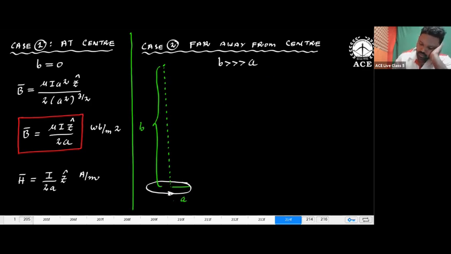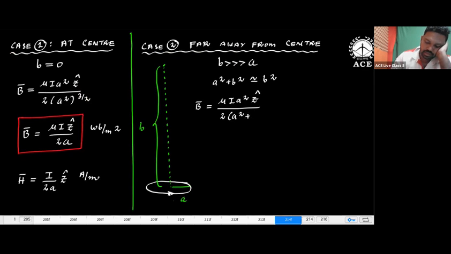So what happens to this one? What approximation can be done? This A square plus B square is approximated to B square. So what is this B? B is equal to μ into I into A square into Z cap divided by 2 into (A square plus B square) to the power of 3 by 2, which is approximated to μ into I into A square into Z cap divided by 2 into B square to the power of 3 by 2.